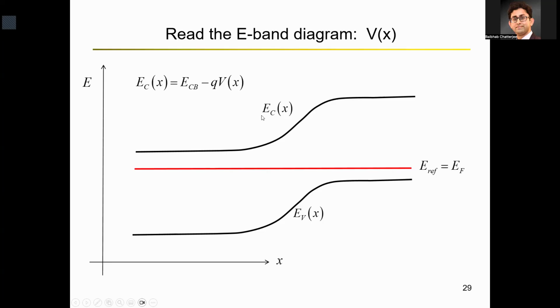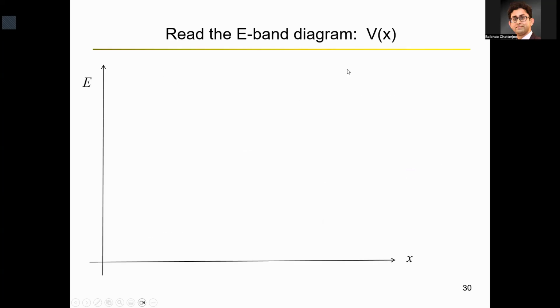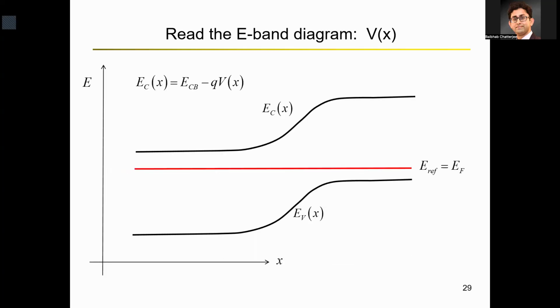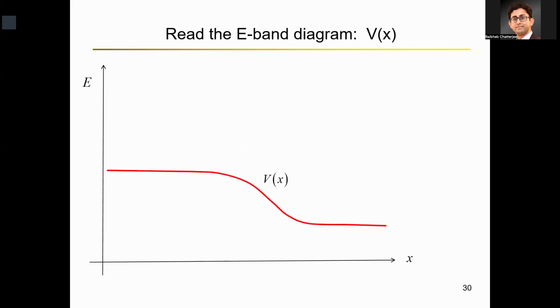That's going to be your EC as a function of x. So if you plot the voltage, it's going to look something like this. It's exactly opposite to the previous diagram, because voltage and energy are related with each other by this minus term. If your voltage is higher, energy will be lower. If your voltage is lower, energy will be higher. So the voltage across a PN junction will look something like this.